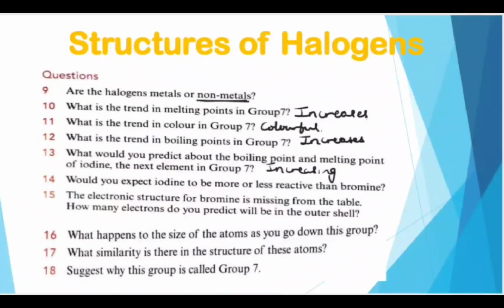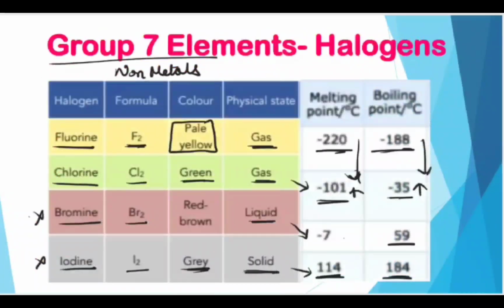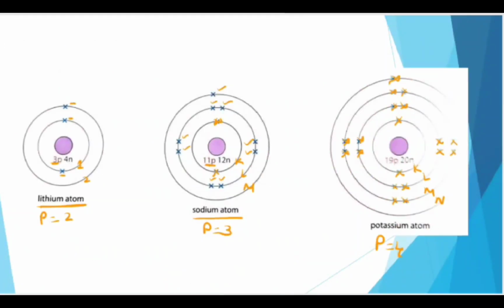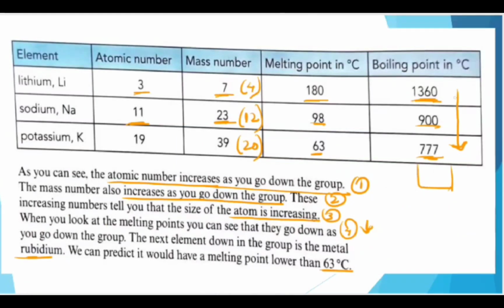So children, let's just compare group 7 elements to group 1 elements. Group 1 elements are metals, alkali metals, which donate 1 electron. So if the melting point increases in halogens, what is happening in terms of boiling point here? Look at it.